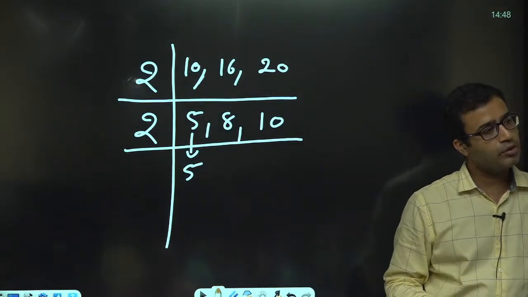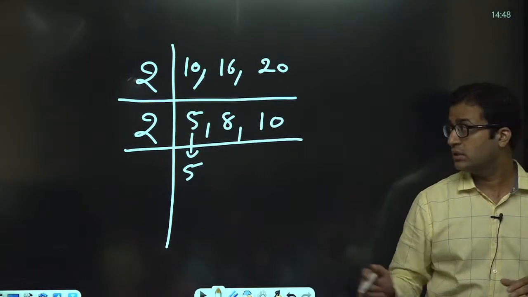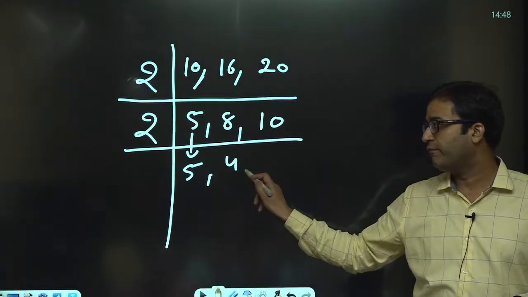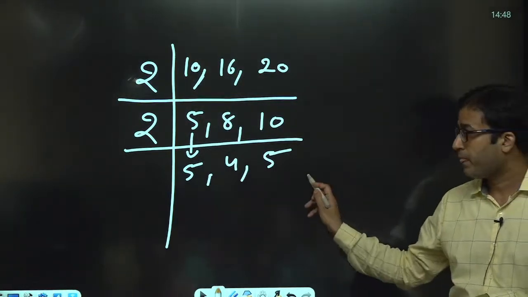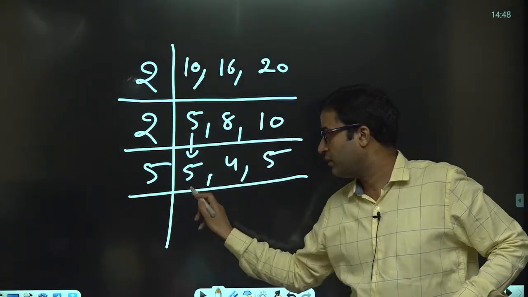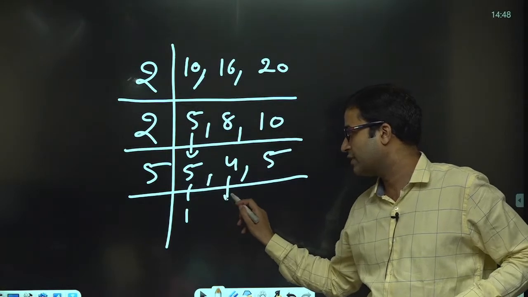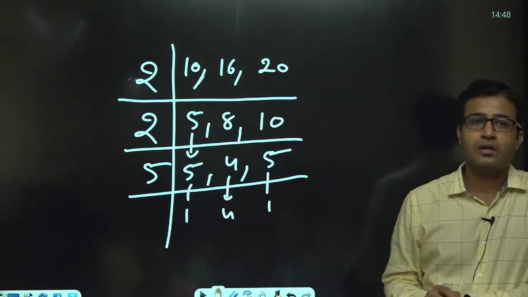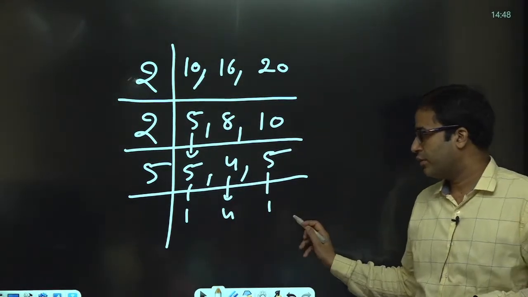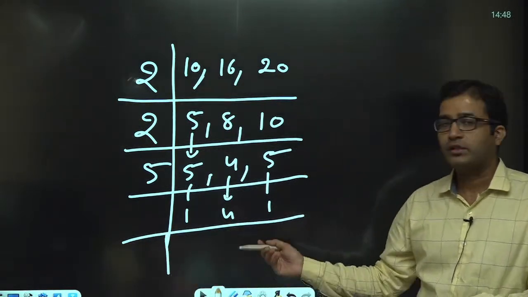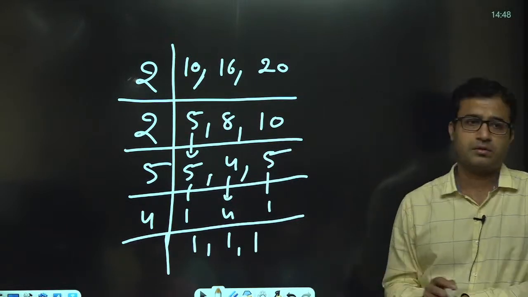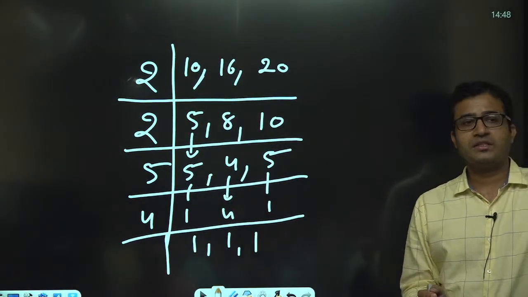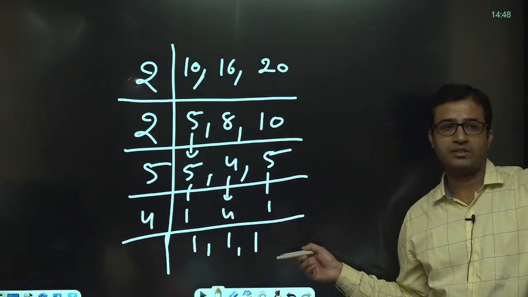If you cannot take any common, you take the number as it is. 8 will become 4, 10 will become 5. Then you take 5 common, 1, 4 as it is, 1. After that, if you recall school days, the teacher has taken 4 also common, 1, 1, 1. टीचर को जब तक तसल्ली नहीं हुई थी सारे नंबर 1, 1 ना बन जाए.